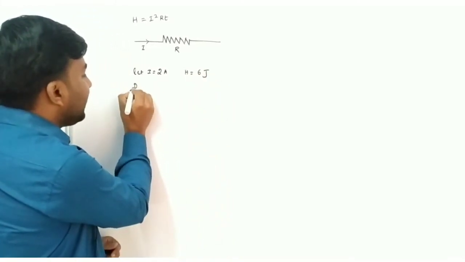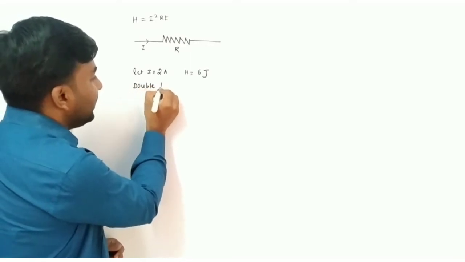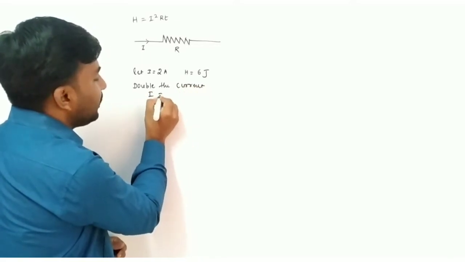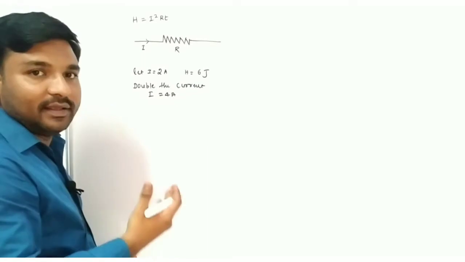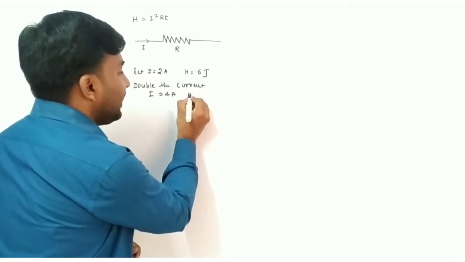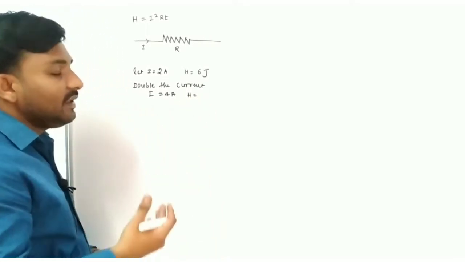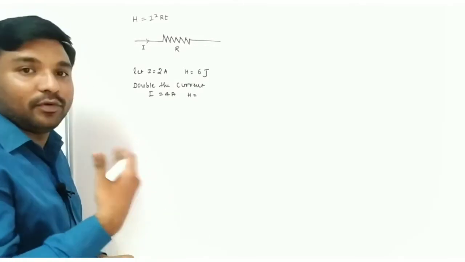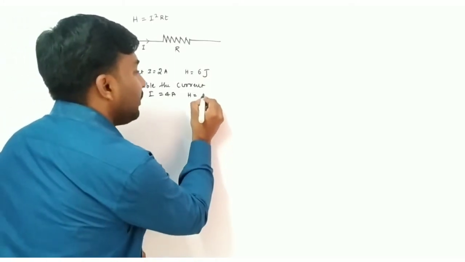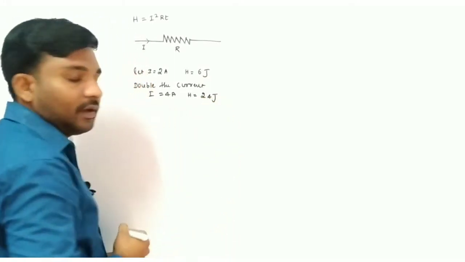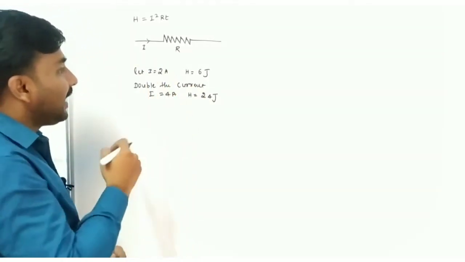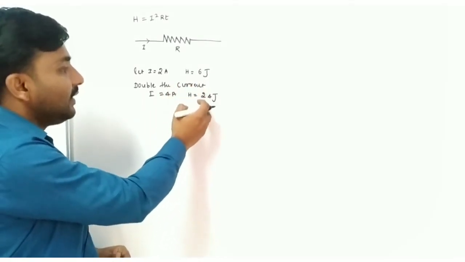Now if we double the current, that is I = 4 amperes, the heat produced in the conductor increases to 4 times. Earlier it was 6 joules. Now 4 times means 24 joules, right? That is, 6 fours are 24. So when the current is doubled, the heat produced in a conductor increases to 4 times.